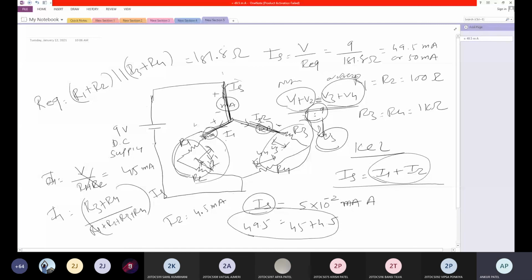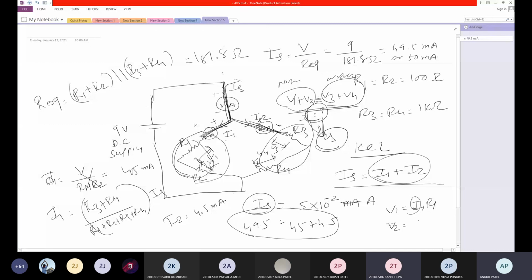Theoretically, V1 equal to I1 into R1. I1 is 45 milliampere, and R1 is given as 100 ohm.